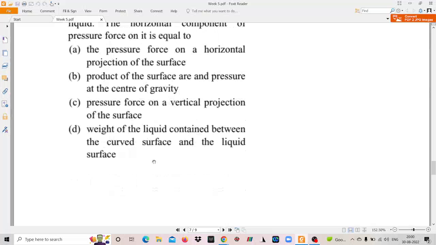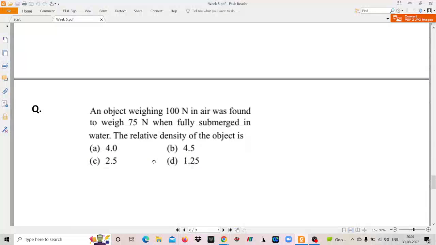Yes, sir. Yeah, fine. Now, an object weighing 100 Newton in air was found to weigh 75 Newton when fully submerged in water. You have to determine the relative density of the object. So this is an application of which principle?